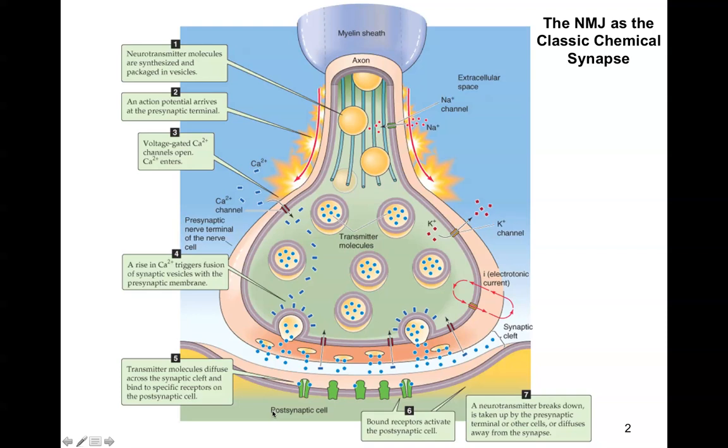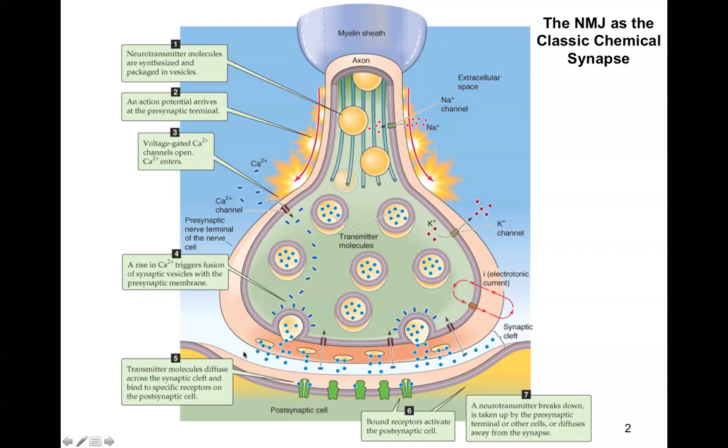which causes a depolarization, and if the depolarization reaches threshold for this muscle cell, the muscle cell is going to fire an action potential, and that's going to trigger muscle contraction. So for the neuromuscular junction, if we recap here, we have an action potential leading to the release of neurotransmitter in the presynaptic cell.